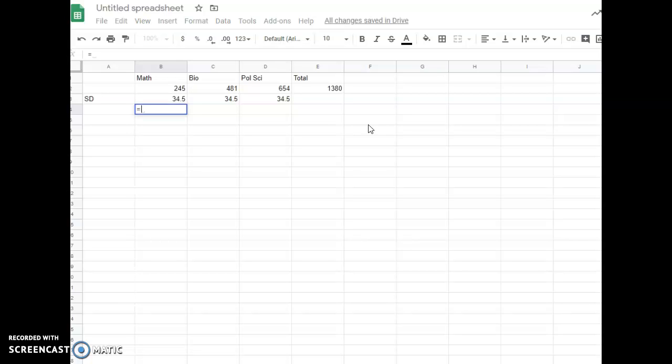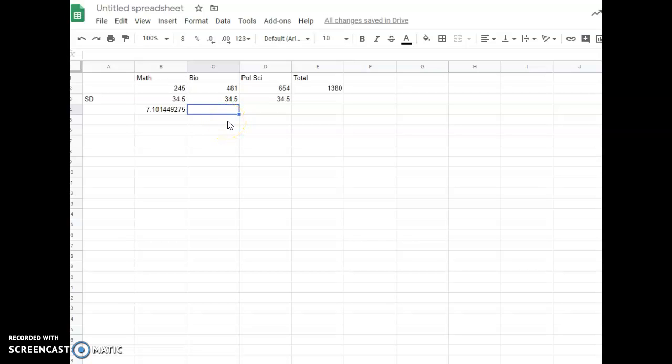So we do equals, parenthesis, and then that 245 number divided by, and then I can click on that 34.5. So my formula became this divided by this, and it gave me that.